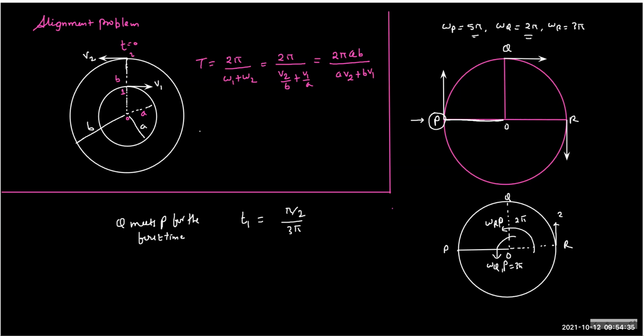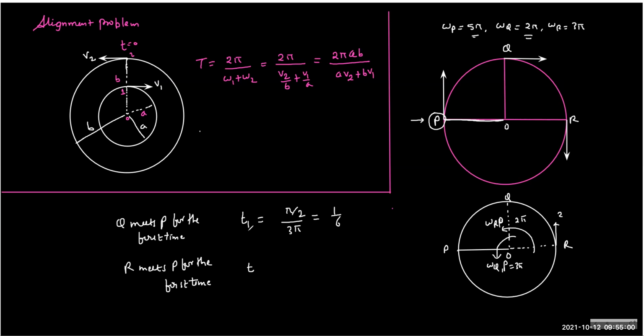But when this happens, we cannot guarantee that R will also meet, because R is far away, so R will take some more time. So R meets P for the first time.